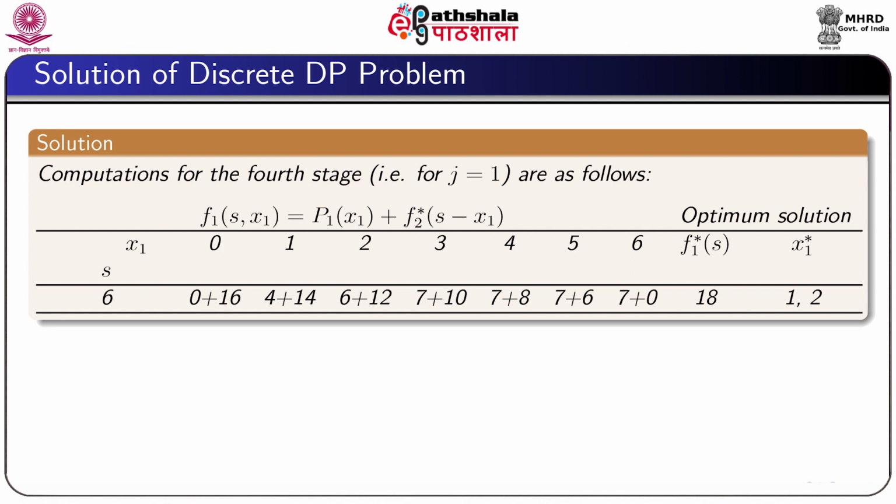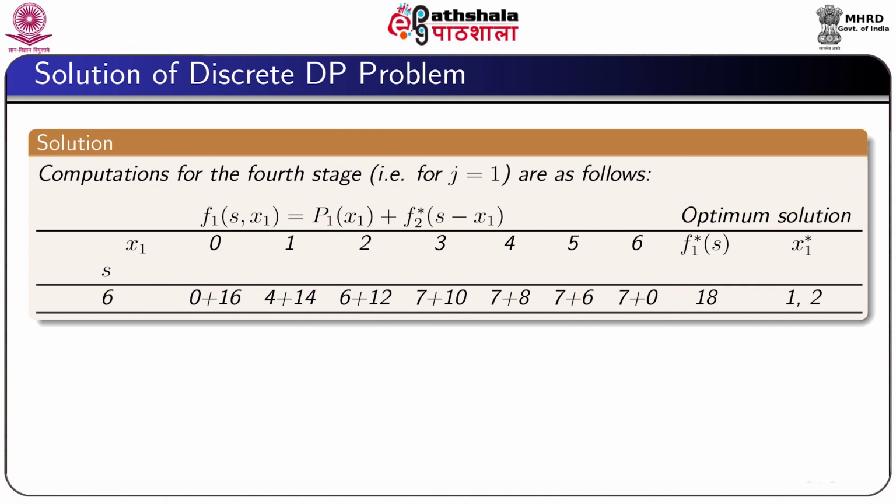So, from this table we see that the optimal value of the profit is 18, and this is obtained for values of x1 which can take the value 1 and 2.